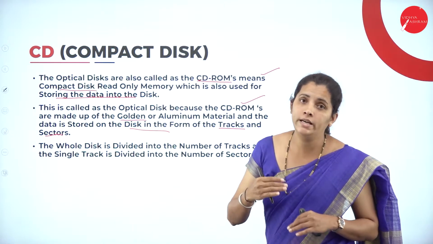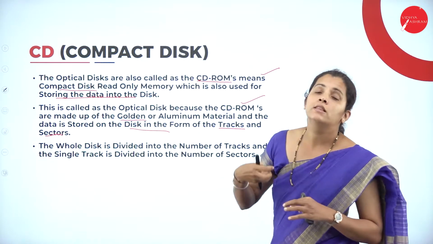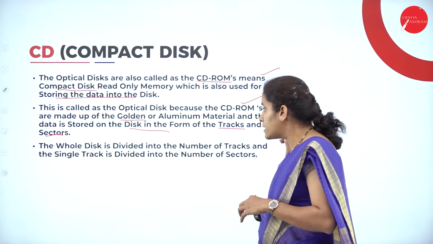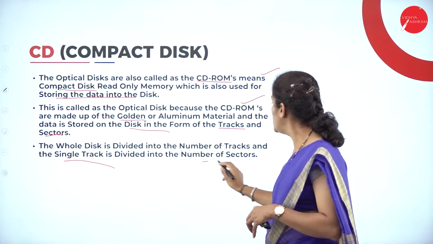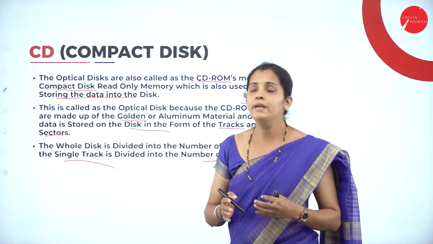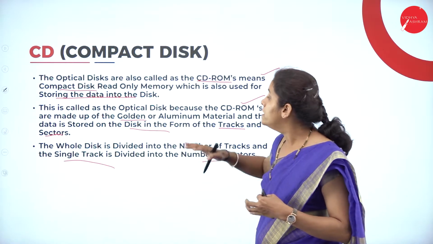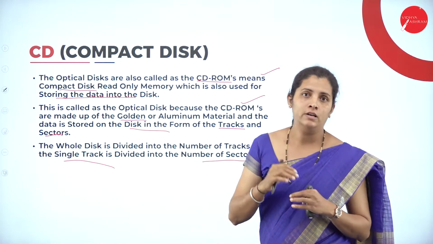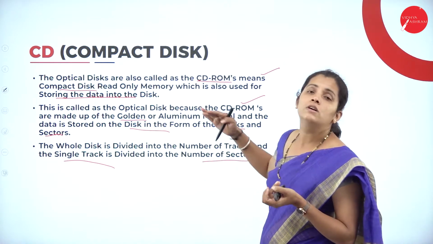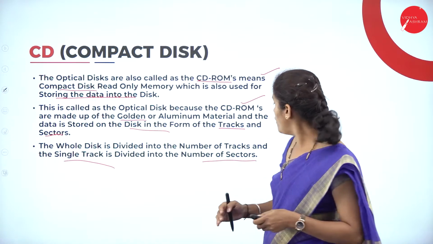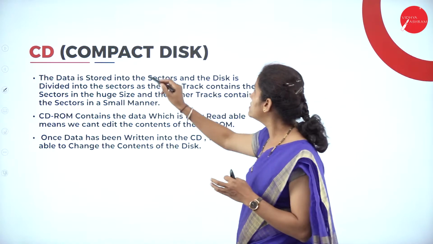The whole compact disk is divided into a number of tracks. A single track is further divided into a number of sectors. The data is always stored in sectors.